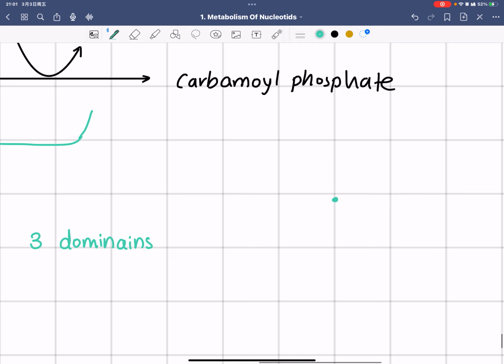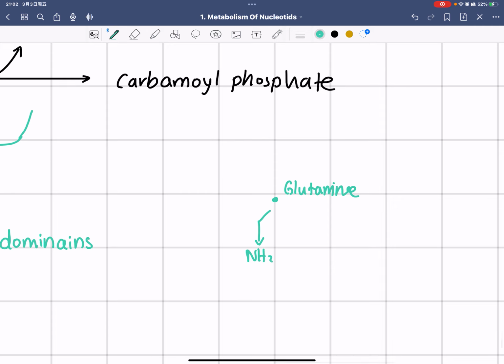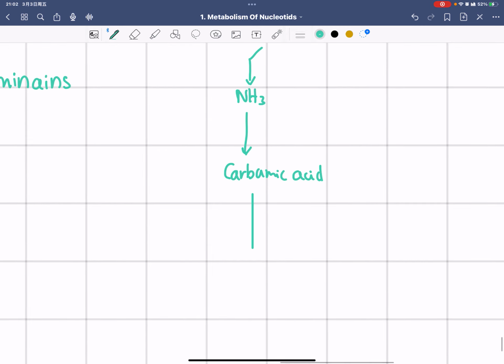So here it goes, glutamine, and then it turns to NH3, and you form carbamic acid. And lastly, we have carbamoyl phosphate.